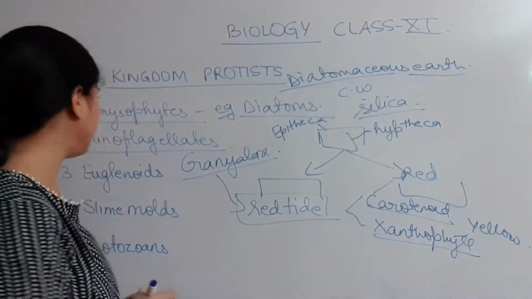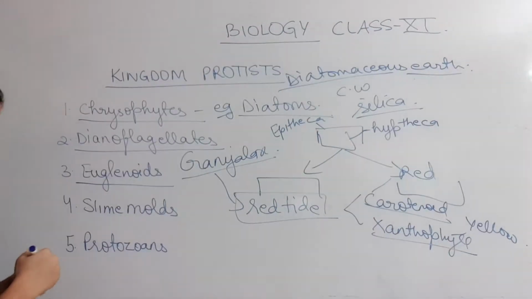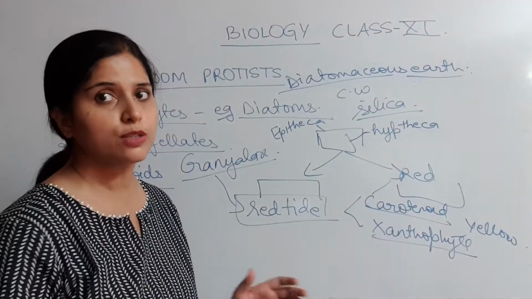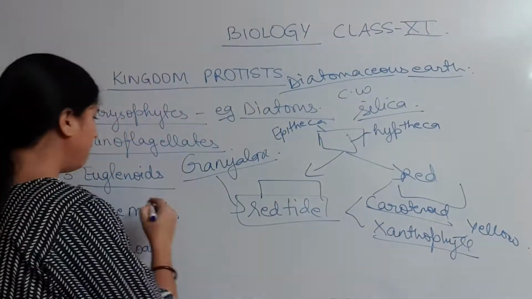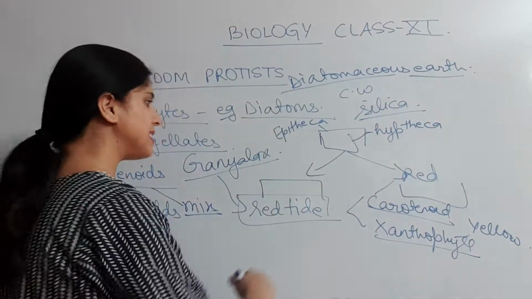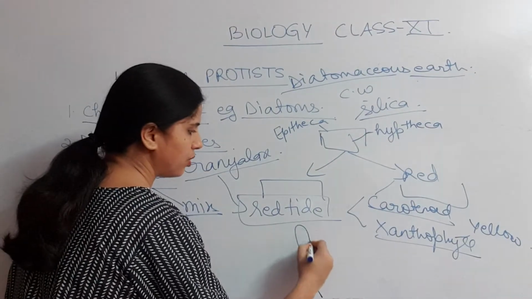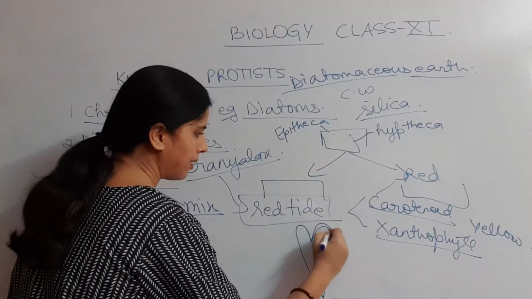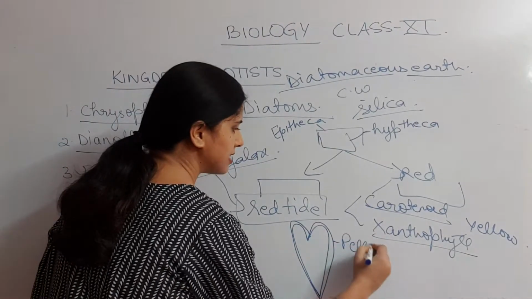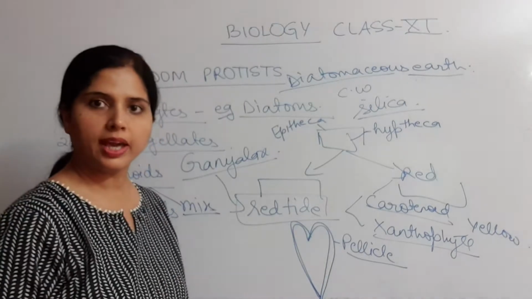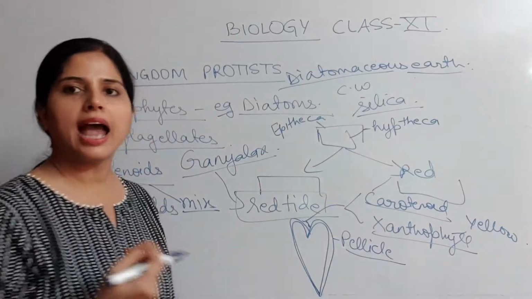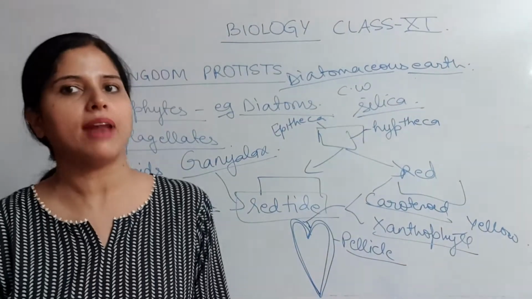Next is euglenoids. Euglenoids are autotrophic, heterotrophic, or you can say both, which is called mixotrophic. Its interesting feature is the presence of a proteinaceous part called the pellicle. They have two flagella, which is the heterokont type of flagella.